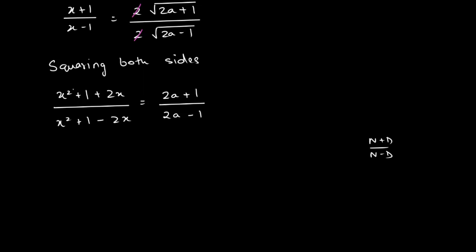Over here as well, it's x squared plus 1 plus 2x, x squared plus 1 minus 2x, so again (n+d)/(n-d). In such situations, I personally prefer applying componendo-dividendo. Remember, this is not the only way of solving it. You could also cross multiply, expand and simplify, but I choose to go by this method.